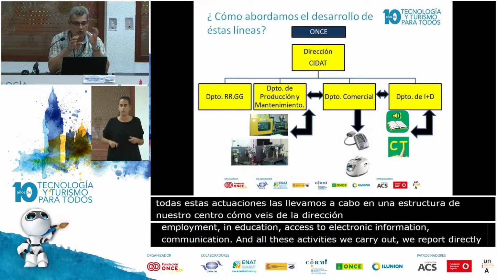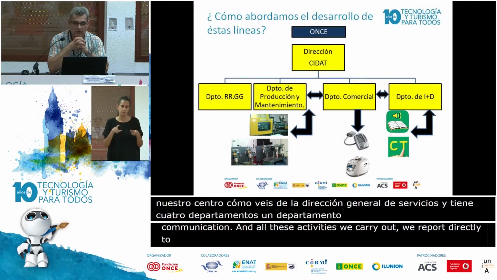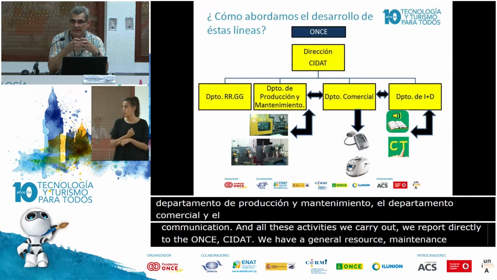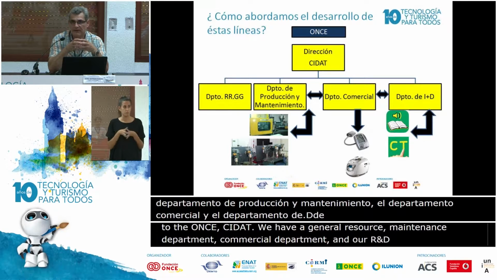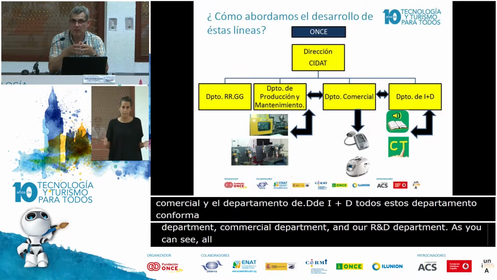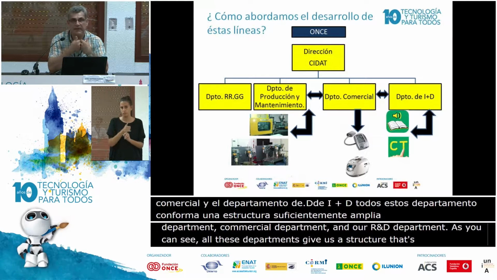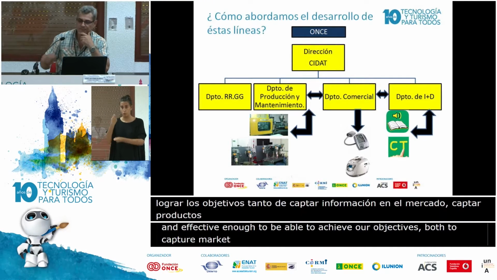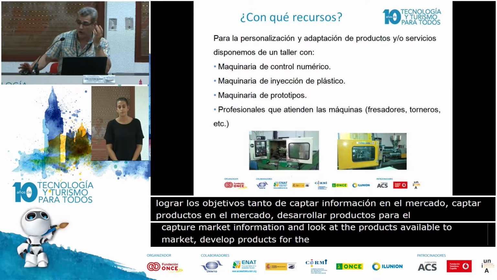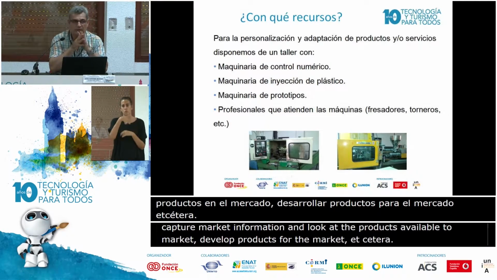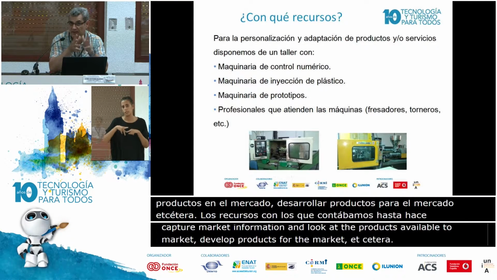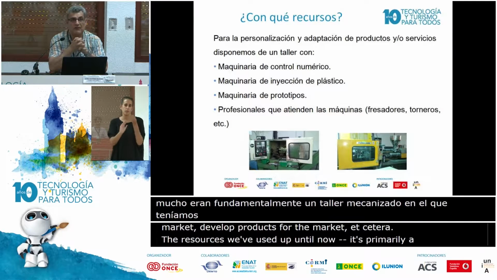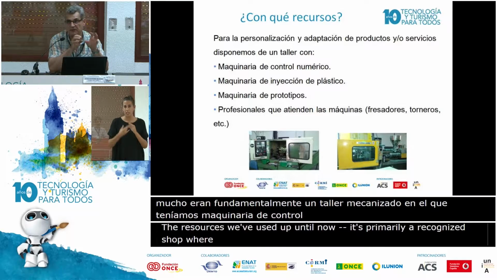We have the CIDA, we have the general resource, maintenance department, the commercial department, and the R&D department. As you can see, all these departments give us a structure that's broad enough and effective enough to be able to achieve our objectives, and both to capture market information, look at the products available in the market, develop products for the market, etc. The resources we've used up until now is primarily a mechanized shop, where we had machinery, alphanumeric type, plastic injection, not for printing plastic.